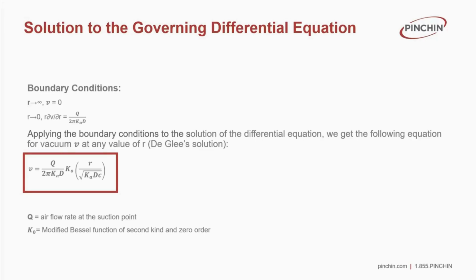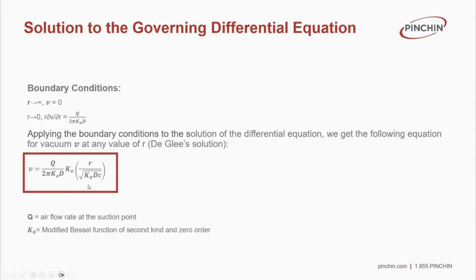Knowing that boundary condition far away and at the vent riser, you can come up with a solution. This is the famous Digley solution, that vacuum can be expressed as a function of distance. That means at any distance you can describe the vacuum, knowing the flow or the extraction rate at the vent riser.